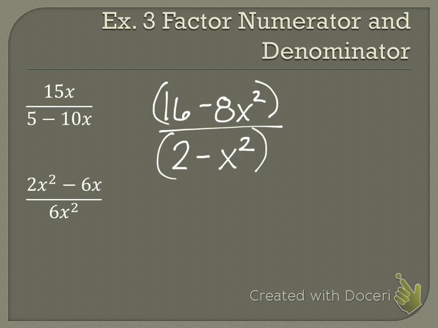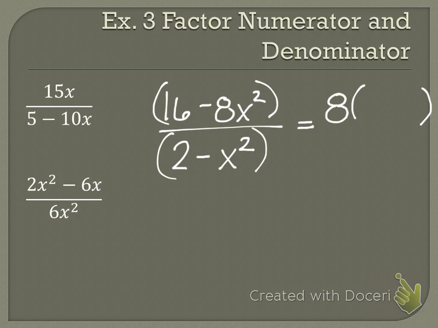So I look at my numerator, 16 and 8. What is the biggest number, because that's what greatest common factor means, that can go into both 16 and 8? 8. Okay? I can take an 8 out. So that's when I divide.